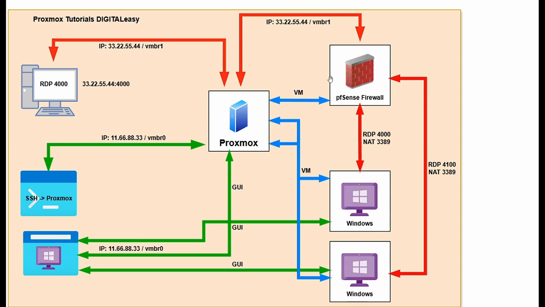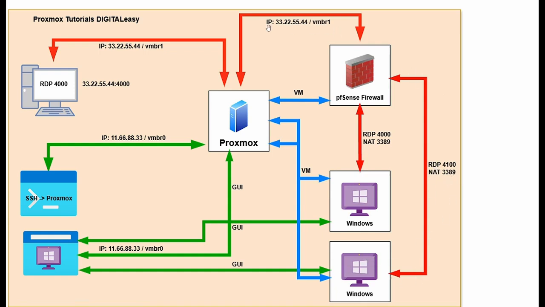The pfSense firewall is set up in native mode in my particular case, and the RDP port 4000, which I have manually configured here, is forwarded in pfSense to the real RDP port of Windows, 3389, on machine 1. This is clearly specified right here in pfSense, and port 4100 in pfSense is forwarded to machine 2, 3389, the actual RDP port.